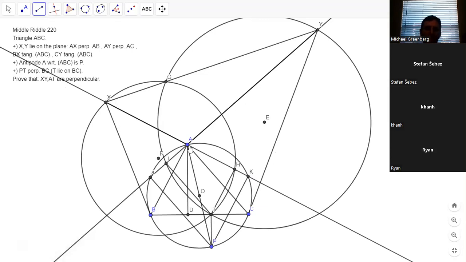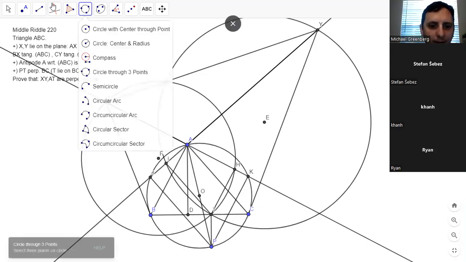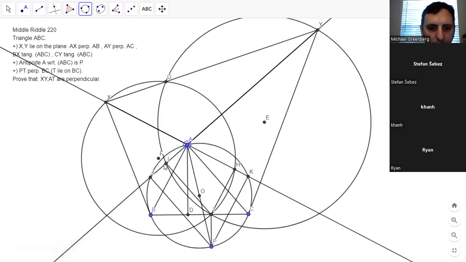So we want to show ATH is AXY and ATI is AYX. But ATH is ADH. Yeah, because all these are cyclic right here. So I think that helps a lot. So ATH is ADH. So we want to show ADH is AXY.